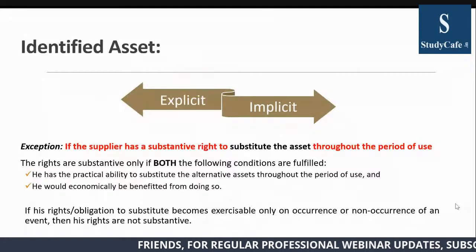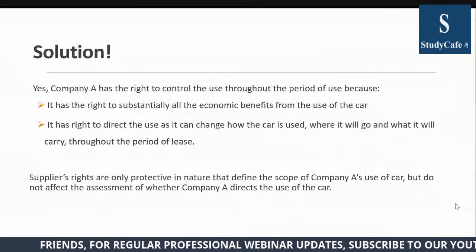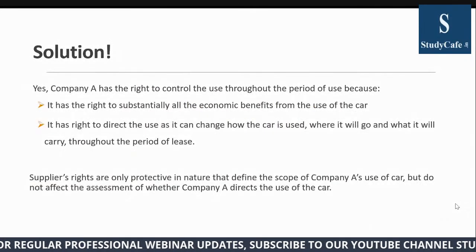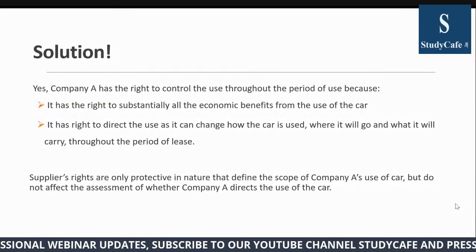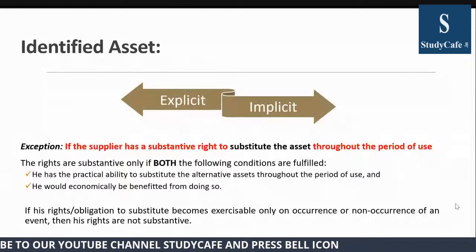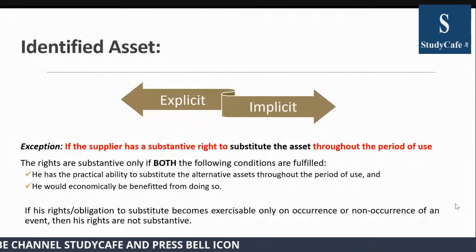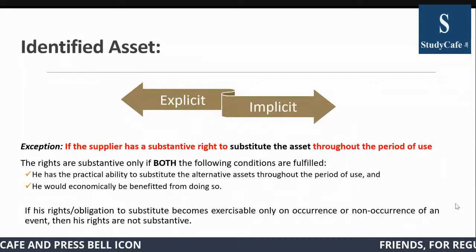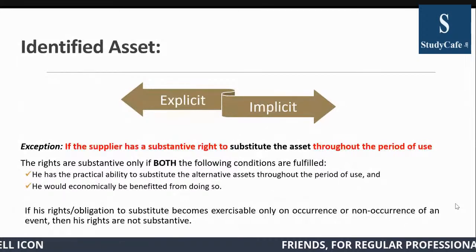Now, I hope we all understand how the right to control is assessed and where it comes from. Now we need to see what an identified asset is and whether it actually is an identified asset or not. Because if there is no identified asset, then we cannot say that the contract contains a lease.